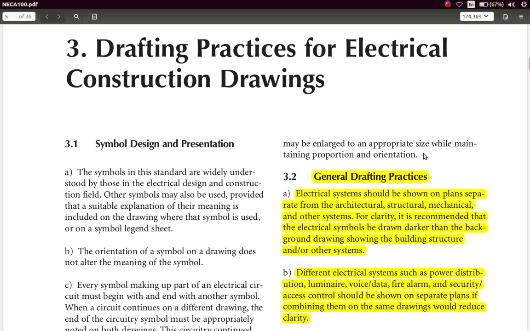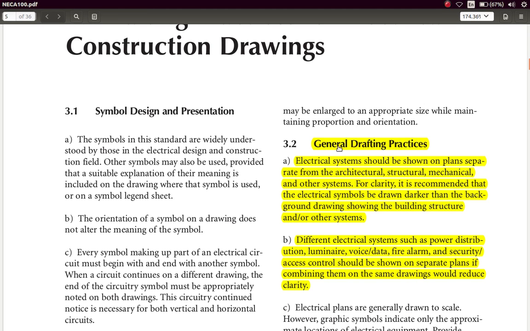Drafting practices for electrical construction drawings. Symbol design and presentation. The symbols in this standard are widely understood by those in the electrical design and construction field.